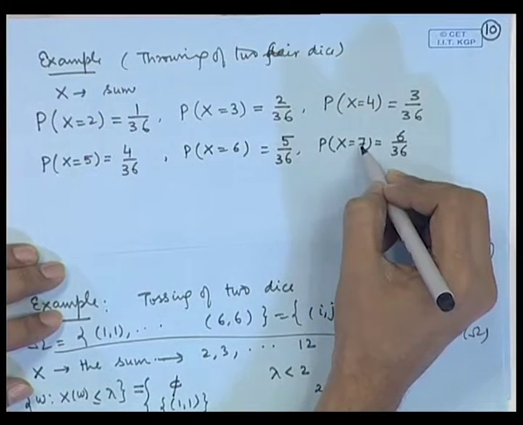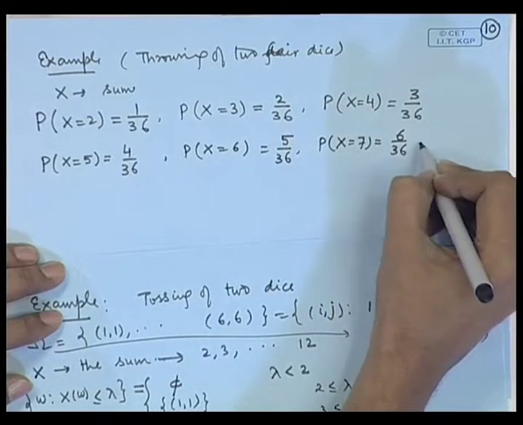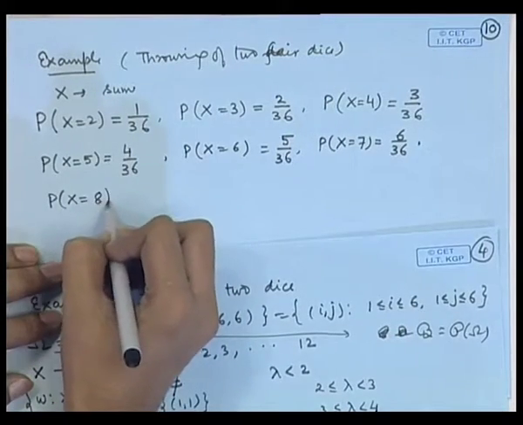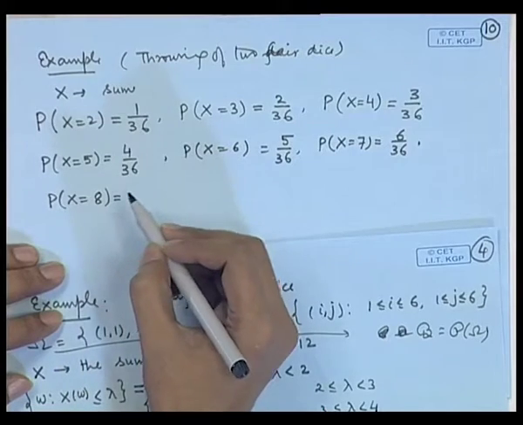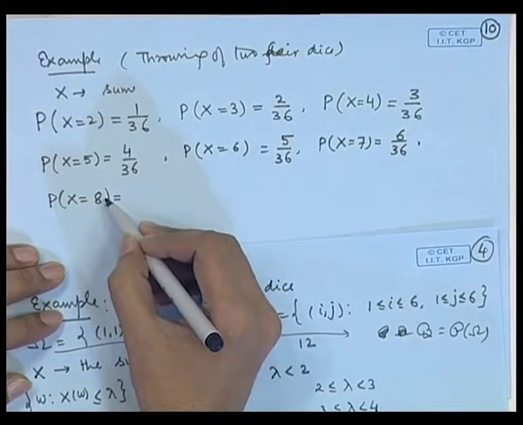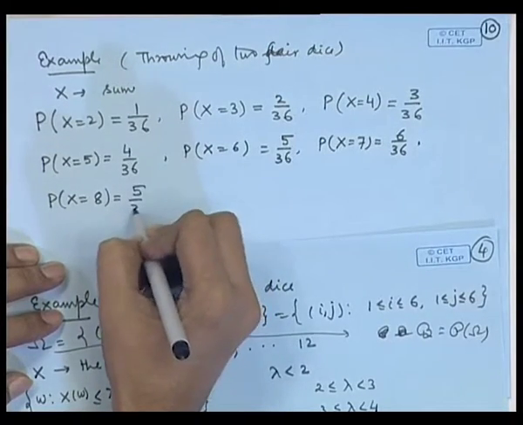The favorable outcomes will be 1 6, 6 1, 2 5, 5 2 and 3 4, 4 3. Then probability X is equal to 8 will have favorable outcomes as 2 6, 6 2, 3 5, 5 3 and 4 4, that is 5 by 36.